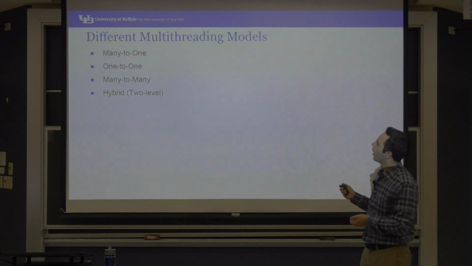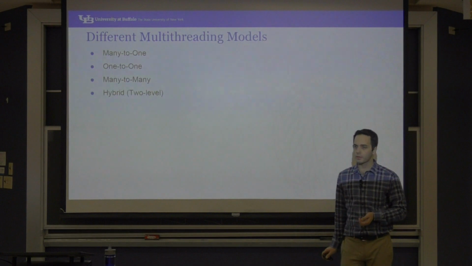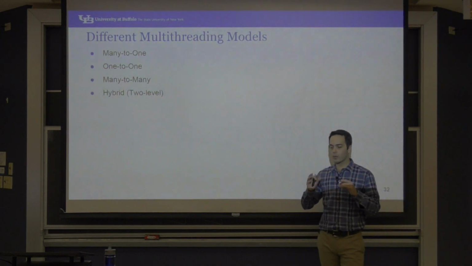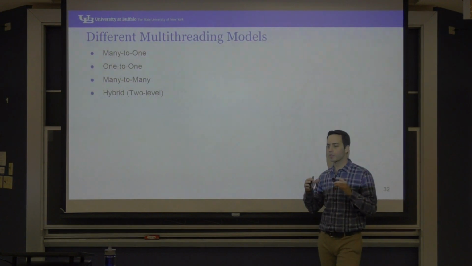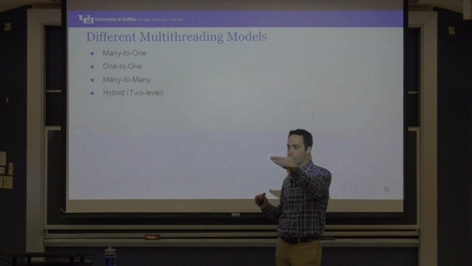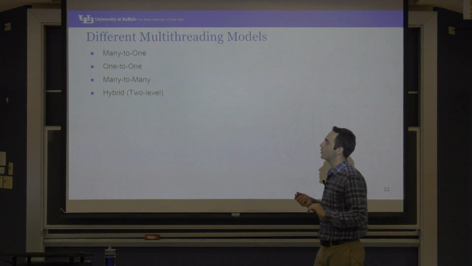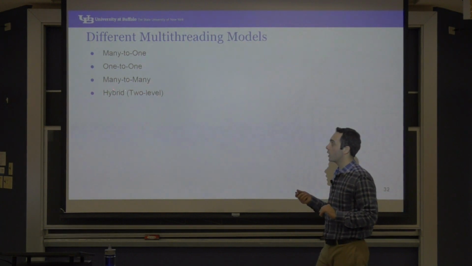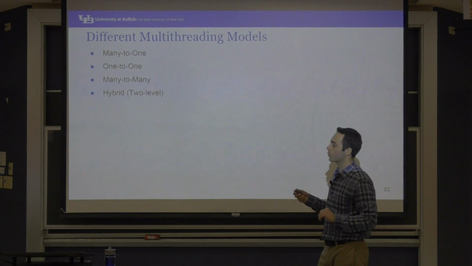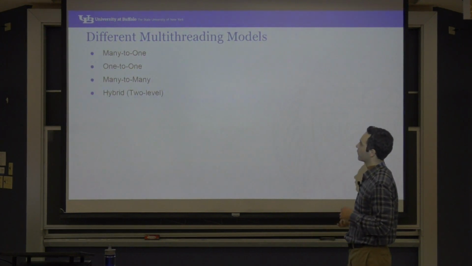All right, so now we have different multi-threading models. If the implementation of the threads is within the kernel, then how are user threads assigned to kernel threads? So we have many-to-one, one-to-one, and many-to-many, and then there's always the hybrid combination, or we call it two-level here.